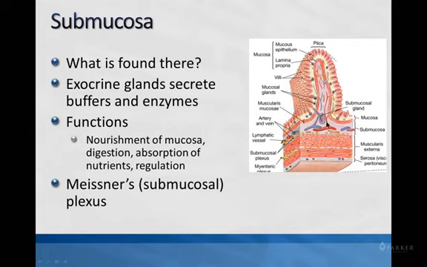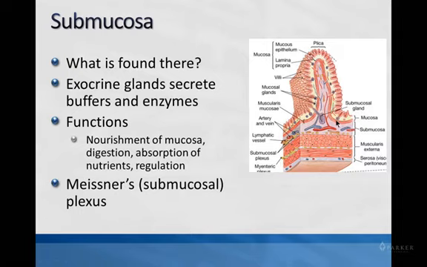You'll also notice we've got some blood vessels. You also have some lymphatics, and you can also find some nerves in the submucosa. So we also have connective tissue, blood vessels, nerves, and lymphatic vessels.